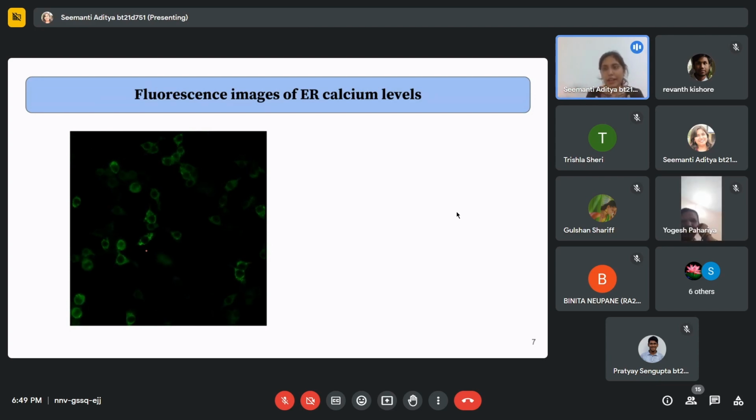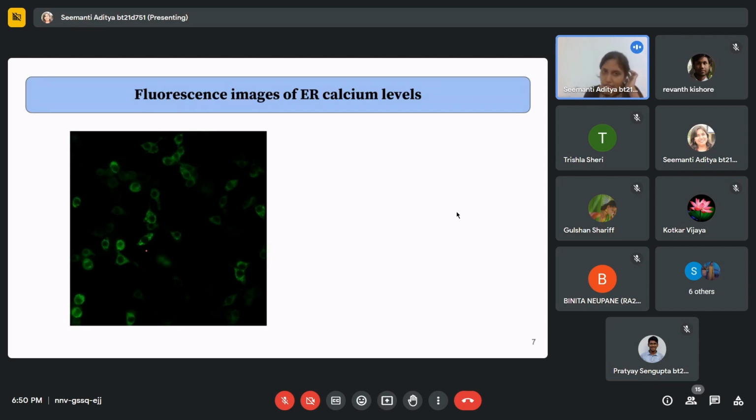But in our lab we are very much concerned with whether the calcium is decreasing, increasing, or not changing over time. So we need time lapse imaging, and this is one example. Over a period of 3 or 4 minutes, you image particular dishes or samples and check whether your calcium levels are affected or not. Here these are again ER calcium levels, which are decreasing or increasing. You can see the time lapse images.